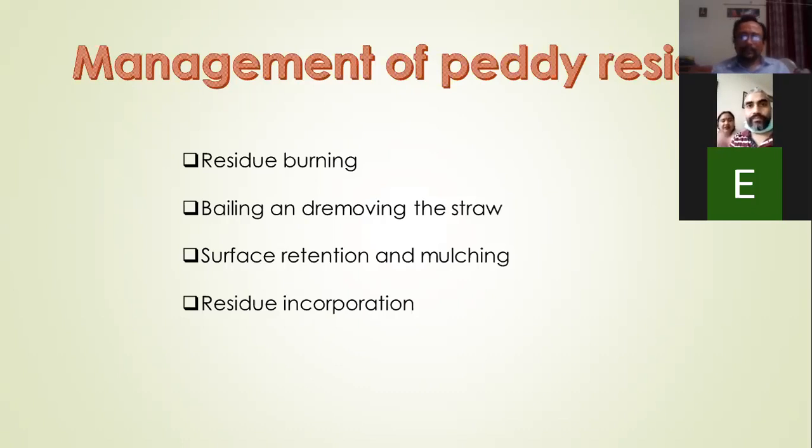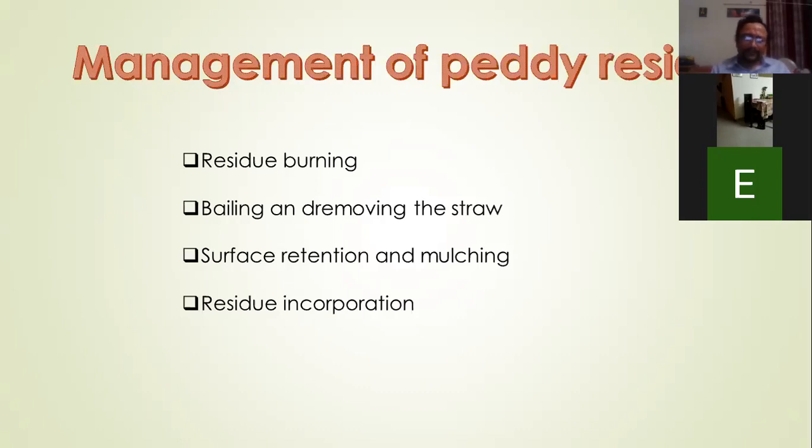Next is the method of baling, removing the straw. Baling forms the straw in the shape of a bale. Next is surface retention and mulching. And the next is residue incorporation.